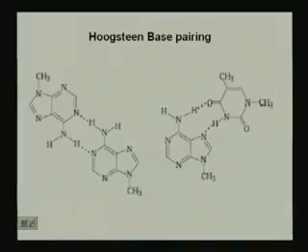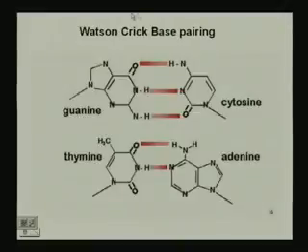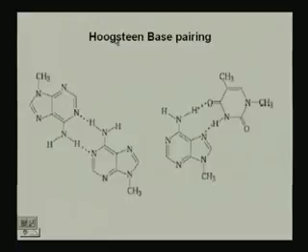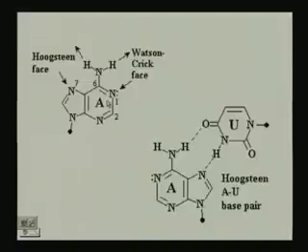We have another type of base pairing. The one that I mentioned before is Watson-Crick base pairing. There is another type of base pairing that is called Hoogsteen base pairing. Now, what do you notice here? What is this? What is that?